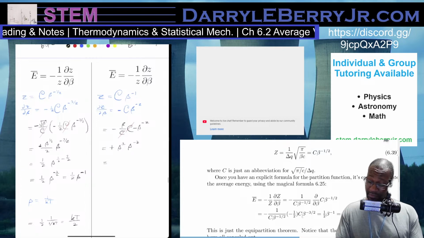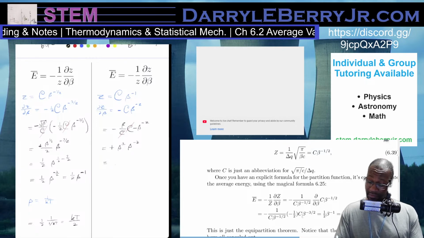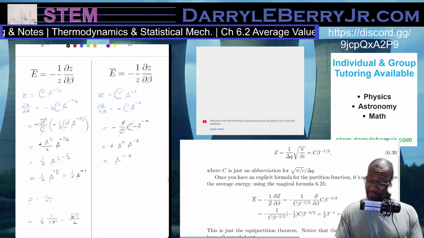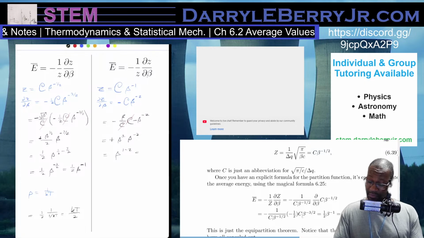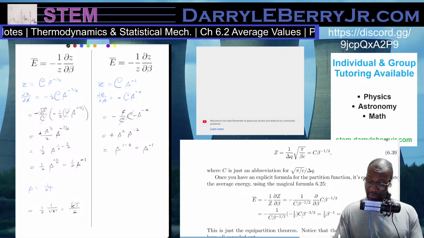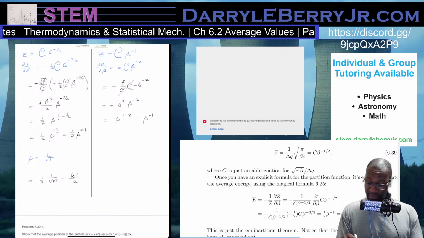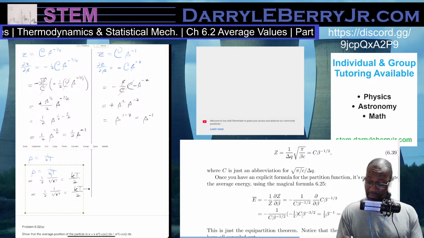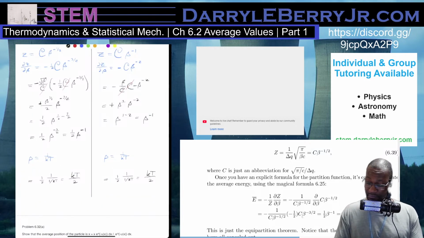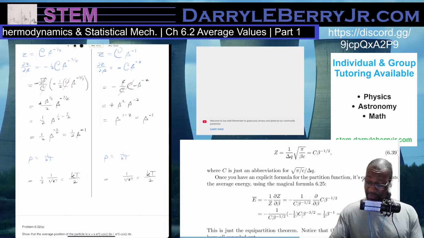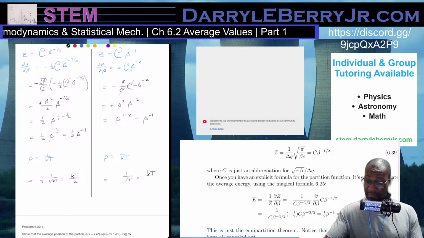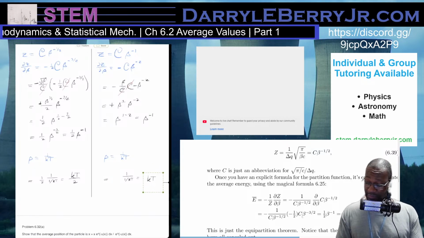So this equals B to the 1 minus 2, which equals B to the negative 1, and B still equals that. So we have just 1 over 1 divided by KT, which is this KT. And I believe that's what we were supposed to prove.